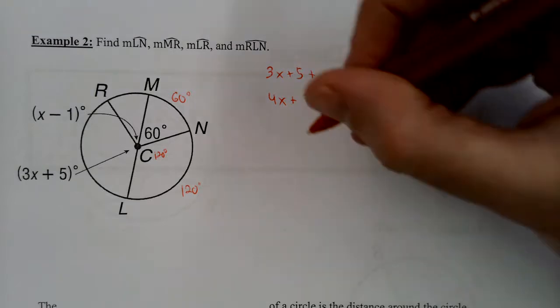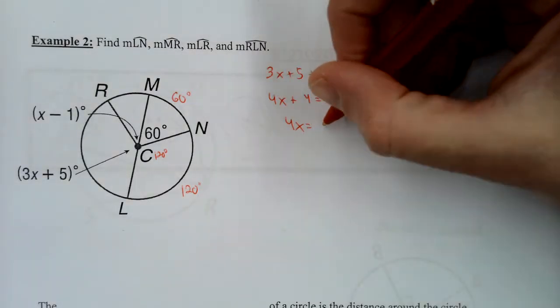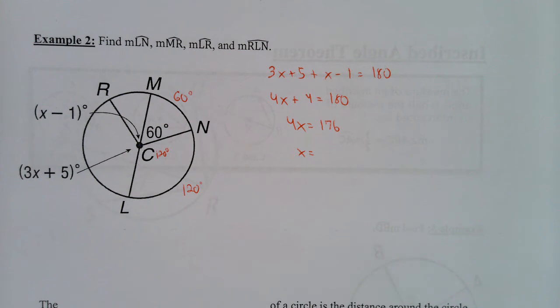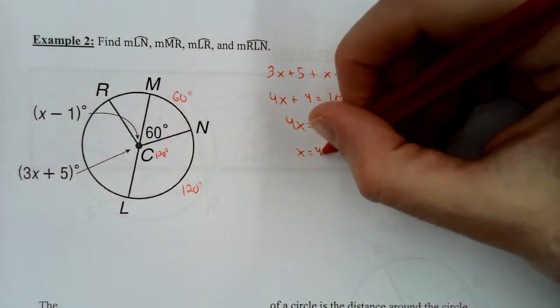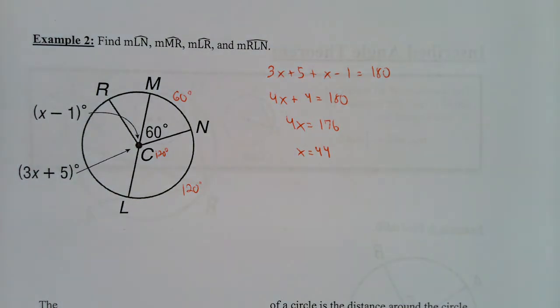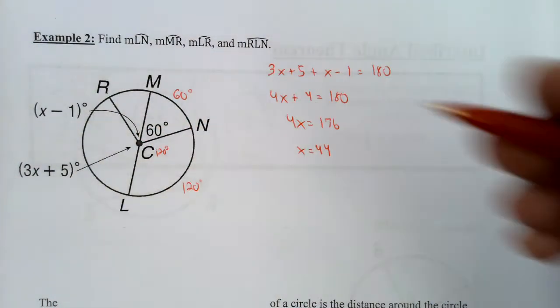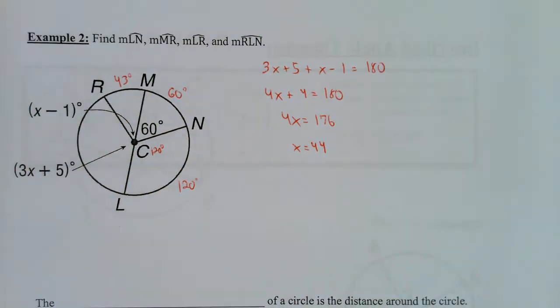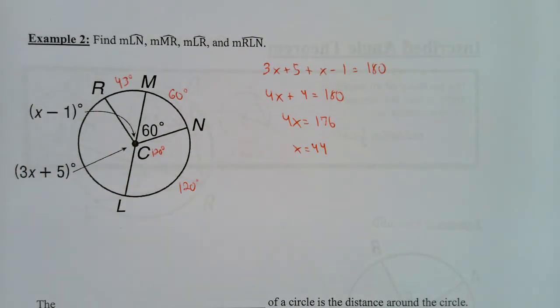Then you subtract the 4, you get 4x equals 176. x equals 44. Yep. So if x is 44, that means this is 44 minus 1 is 43. 3 times 44 plus 5 equals 137.